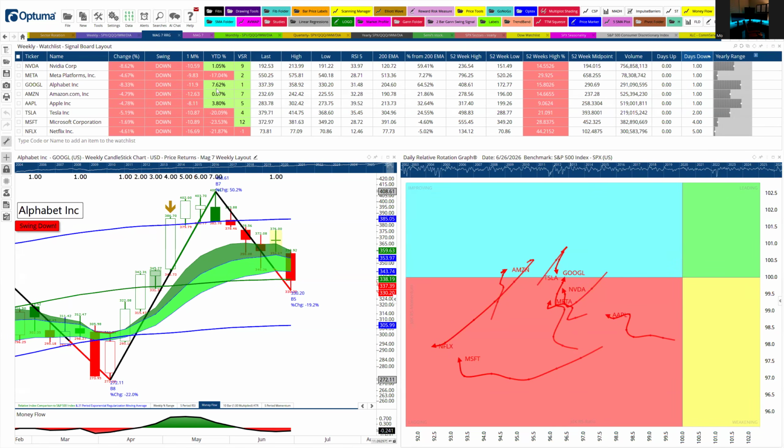Market is selling off, yet breadth is positive. The market breadth is positive on a market down day. How is that even possible? Somebody can explain that to me.